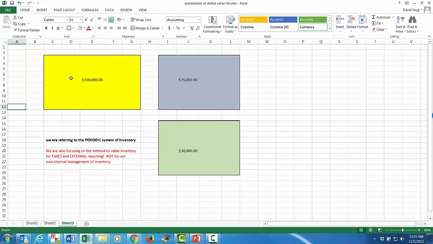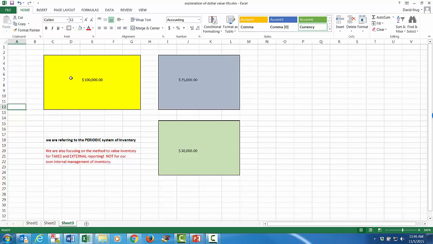Secondly, and this is very important, we are focusing on valuing inventory for taxes and external reporting. Okay? This dollar value LIFO that we're going to learn cannot be used to account internally for our inventories, making sure we don't run out, and looking at the pool of inventory we offer our customers.